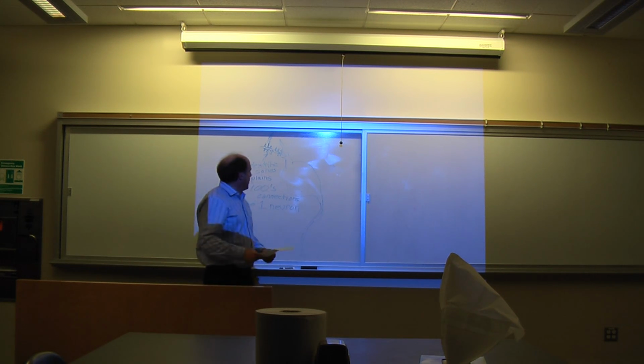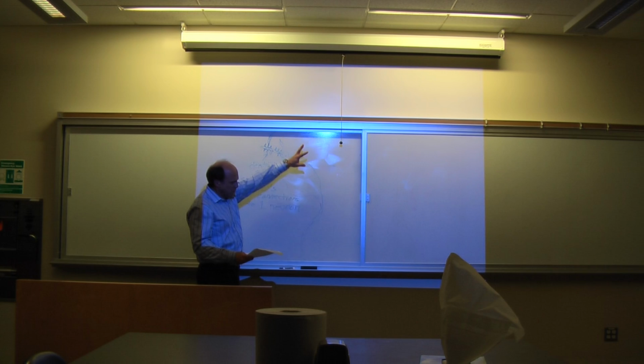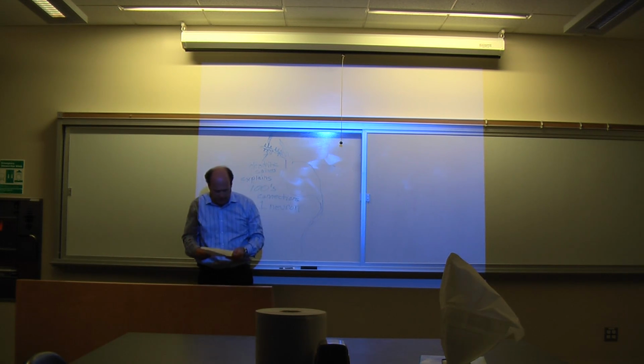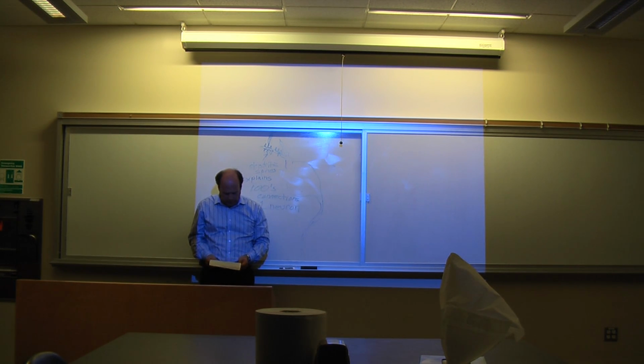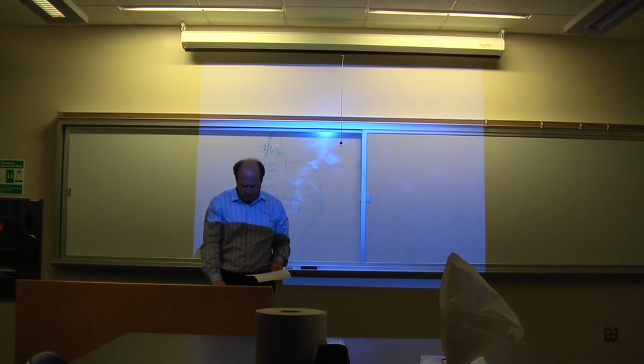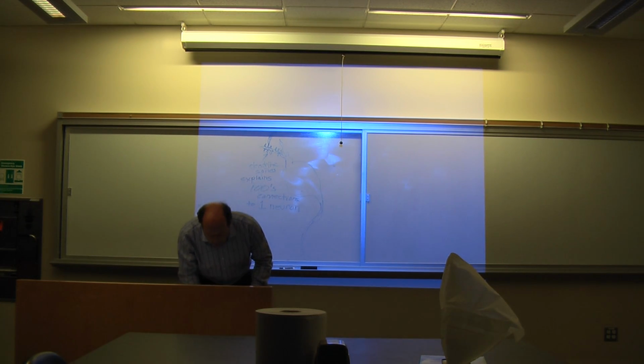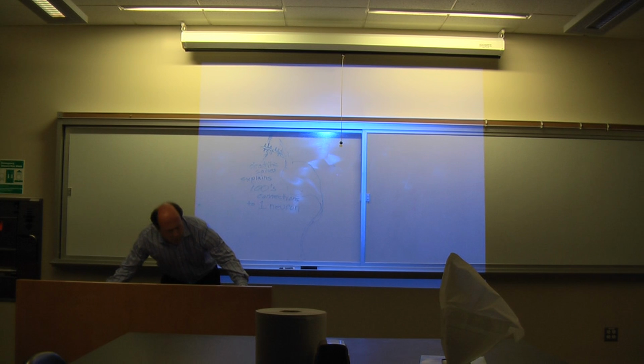So anyway, we get the picture that there's a lot going on with the connectiveness of neurons. And that's one of the things you can see when you look at sections of neurons.